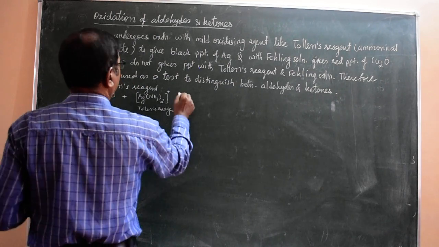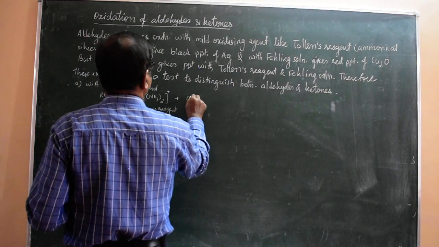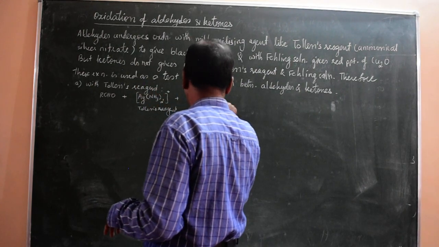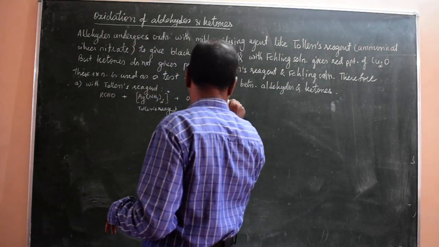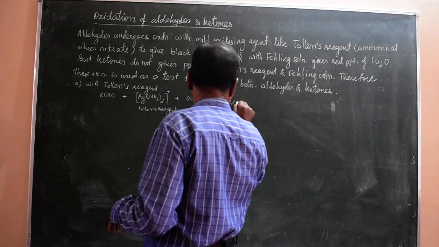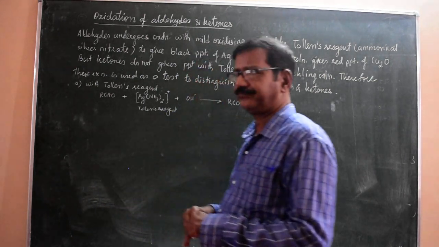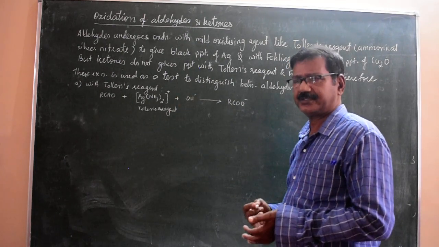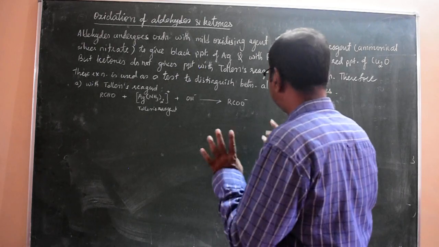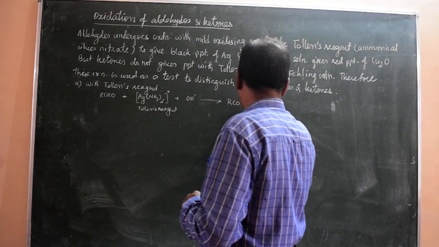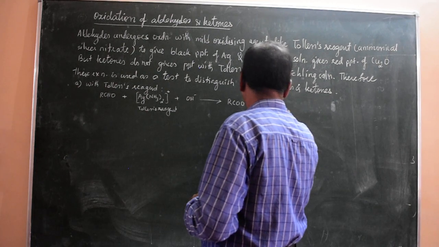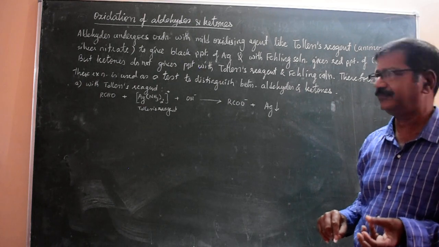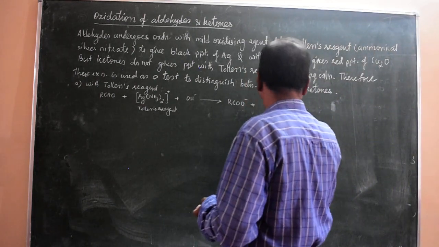So we are adding NaOH, that means we have OH minus. Now RCHO, we know aldehyde undergoes oxidation. It gives RCOO minus. Or you may write RCOONa when we have NaOH, but OH minus is written, so it is RCOO minus. And you are getting the silver as a precipitate. It is in the form of a black color. So black precipitate of silver.